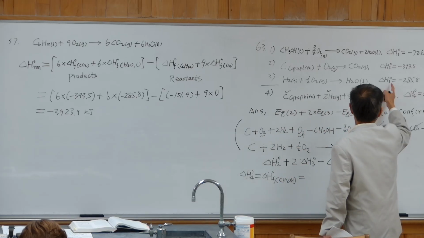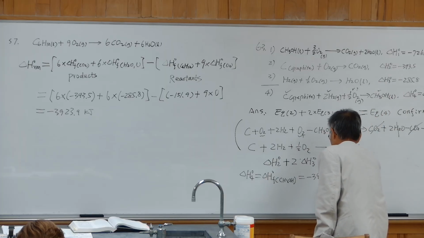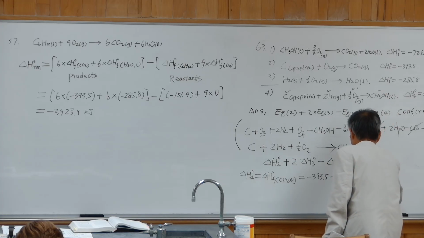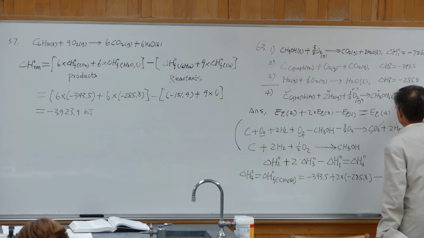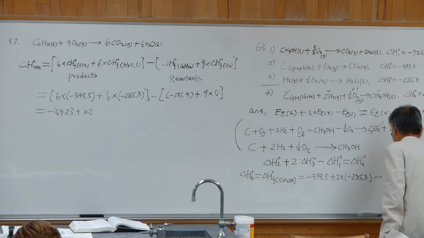Delta H2 number is negative 393.5. Delta H3 is negative 285.8. Delta H1 is negative, be careful, the minus negative 76.4.